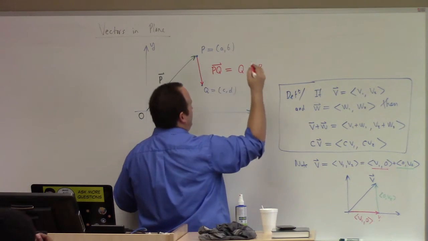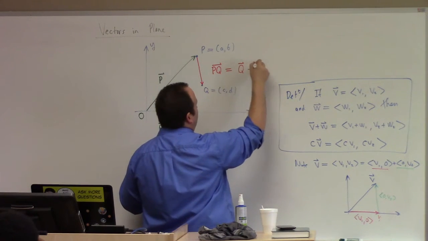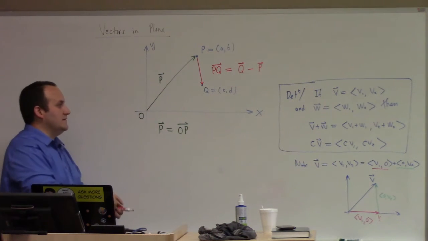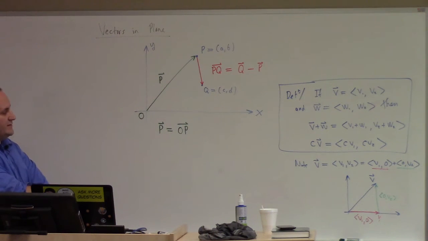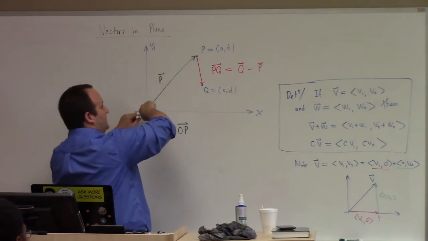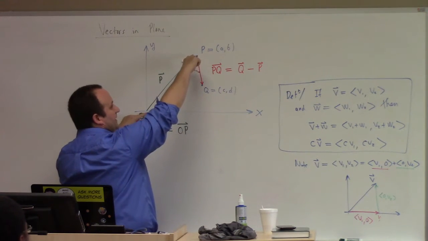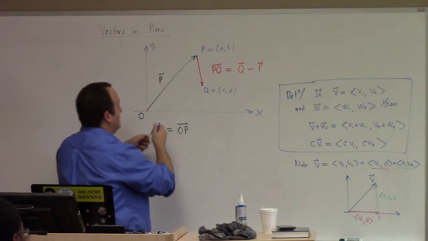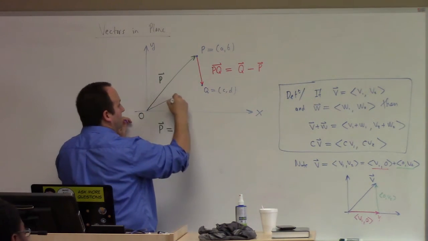I can say vector Q minus vector P, since I've defined how to subtract those, I suppose. So what's vector Q and vector P? This is vector P. Where's vector Q? I haven't drawn that one yet, have I? Vector Q is this guy.